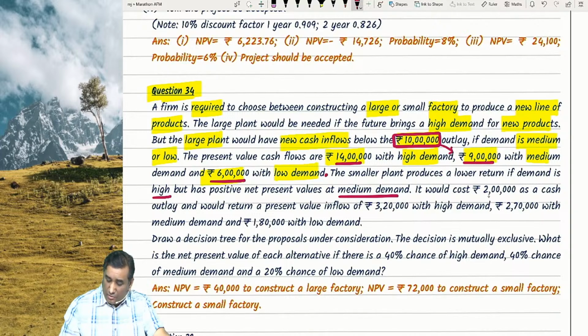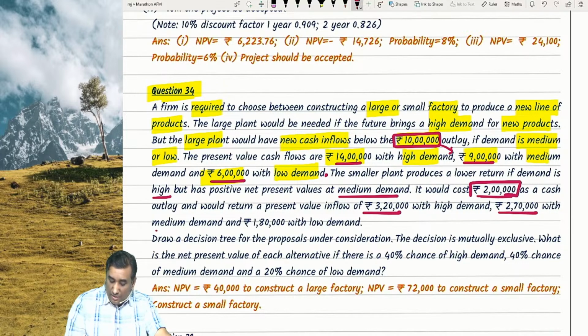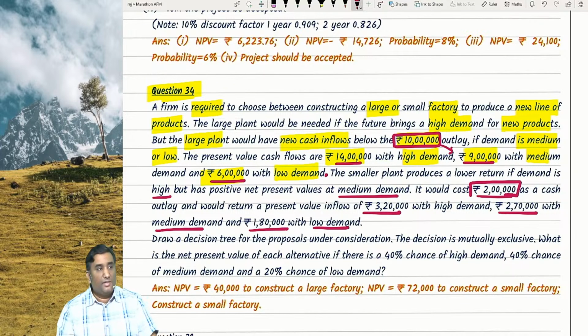So he says the costing will be 2 lakh with respect to what? Outflow, and would represent cash inflow of 3,20,000 with high demand, 2,70,000 with what? Medium demand, and 1,80,000 for what? Low demand.